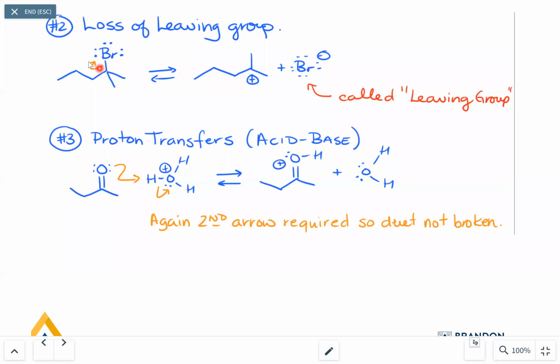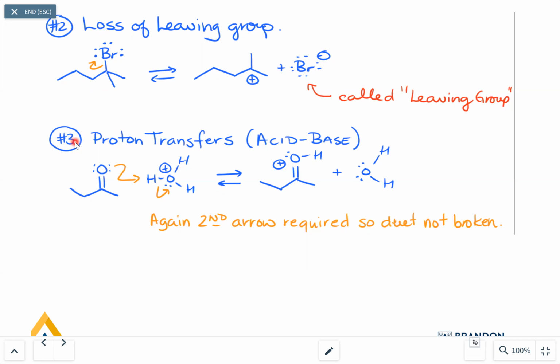So although we've just drawn this arrow to say this bromine grabs these electrons and departs as bromide, that just doesn't happen spontaneously without help. We've got to do something to make this happen. But this is the type of reaction, or a step in a reaction, so the loss of a leaving group.